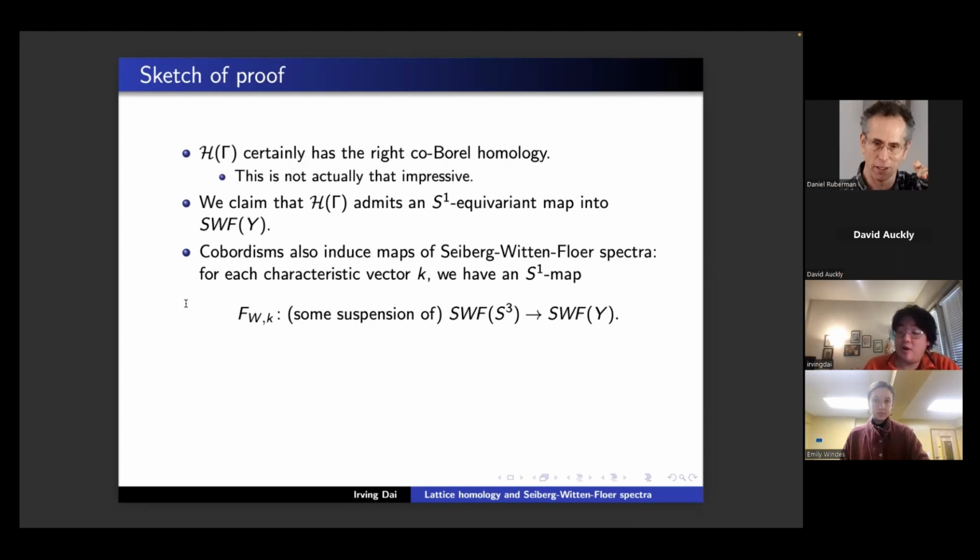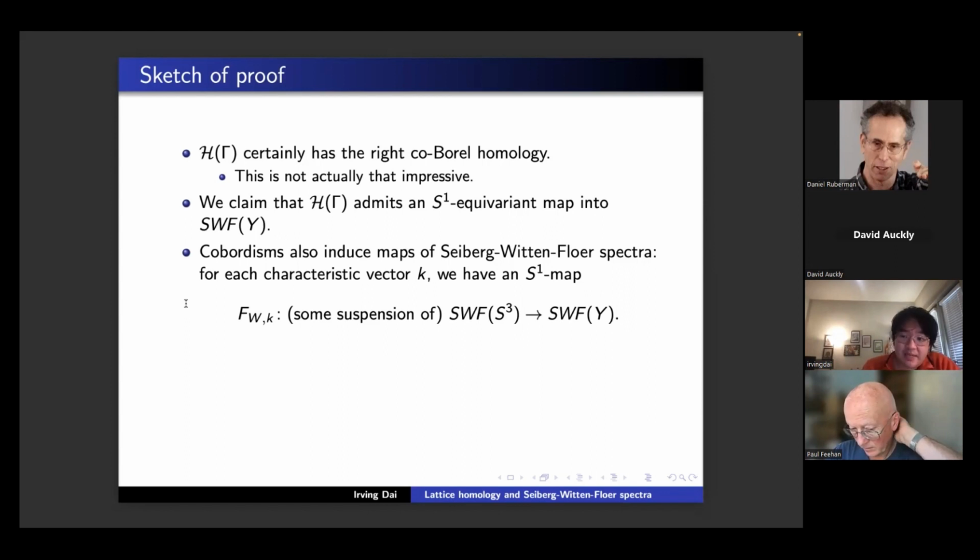In the setting of Floer homotopy, the analog is that the quote-unquote cobordism map is not actually a map from SWF of domain into SWF of codomain, but it's a map from a suspension of SWF of domain into SWF of codomain, okay? But what is a suspension of S0 but some other sphere?